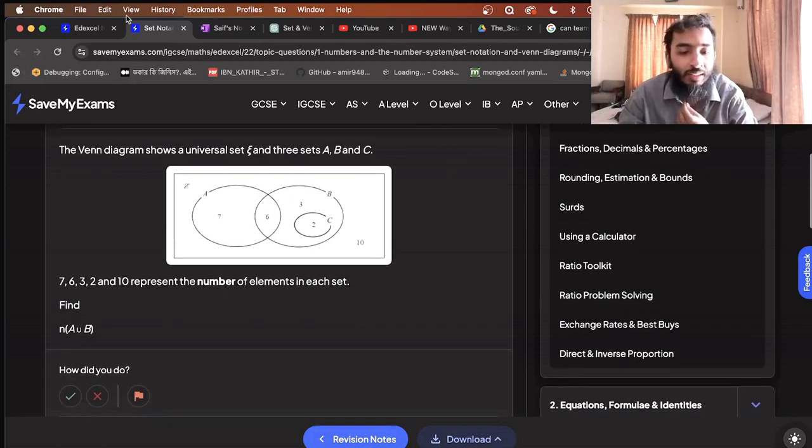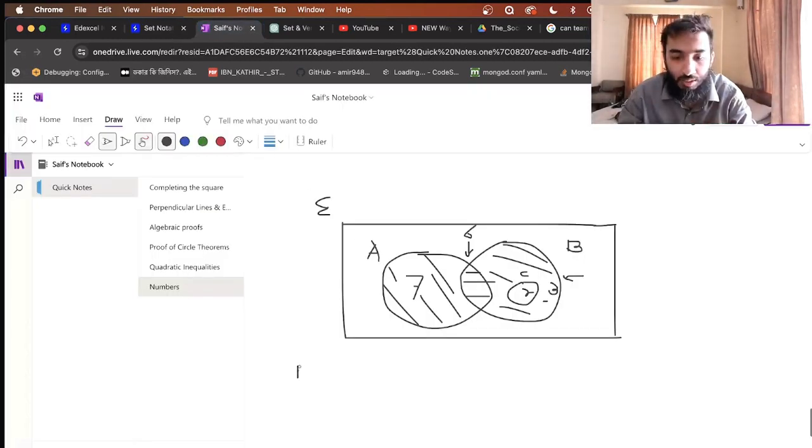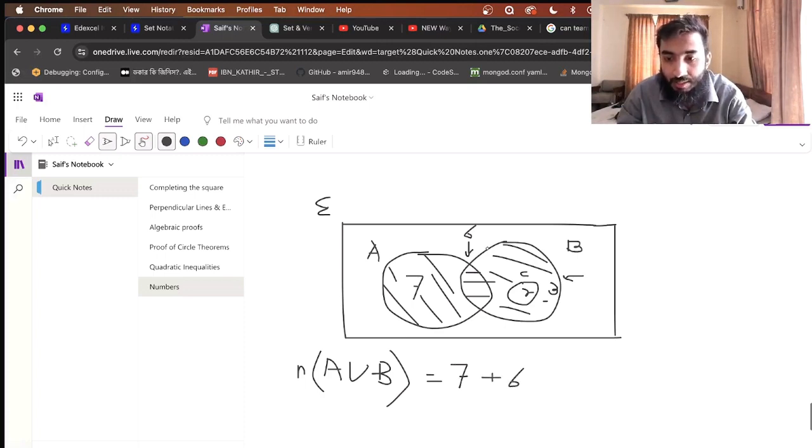You have to find the number of A union B. The number of A union B should be this portion, which is A bearing the common part, plus the uncommon part of B, which is 3, and the number of elements in C, which is 2.